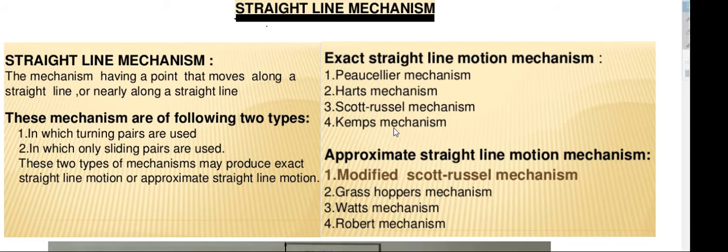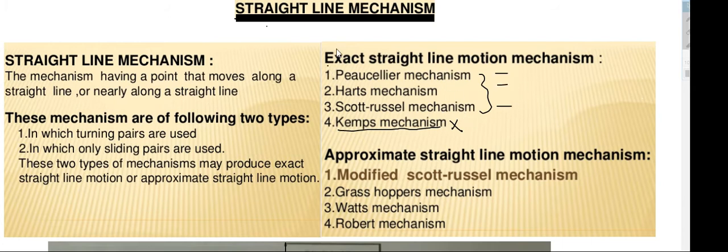There is also one more, Kempe's mechanism, which you need not study, just hear the name. We only need to know three, because we study three. If the question is to name any three straight line mechanisms, you can answer them. They will not ask four; mostly they will ask only one. So you can study three: Peaucellier, Hart's, and Scott-Russell.